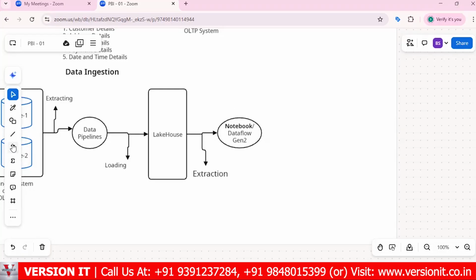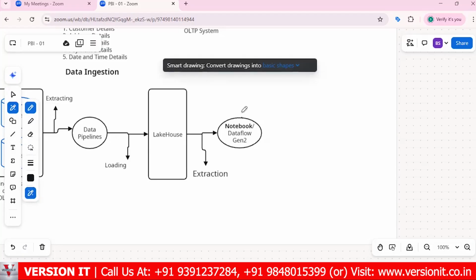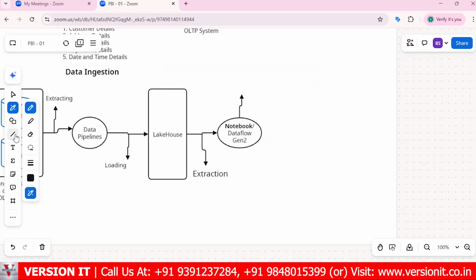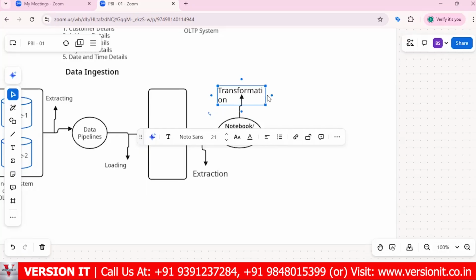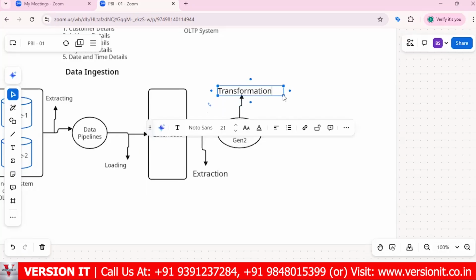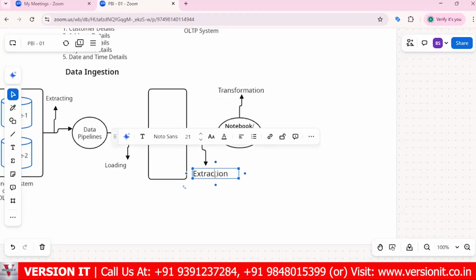In this particular notebook, at a higher level, we are going to do the transformation. These transformations are going to happen.